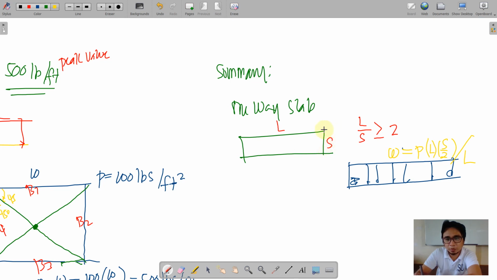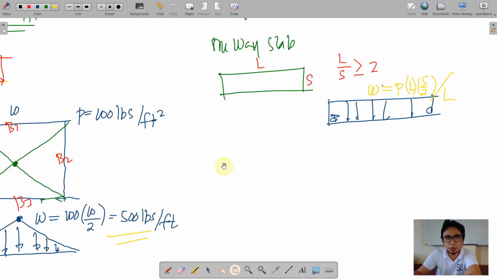And again, I would like to emphasize that S here would not carry any portion of the slab because we are in one-way slab. So the main member that will carry it is the longer beam, not the shorter beam. Okay? So contrary to two-way slab, all beams will have a portion of the floor to carry it.